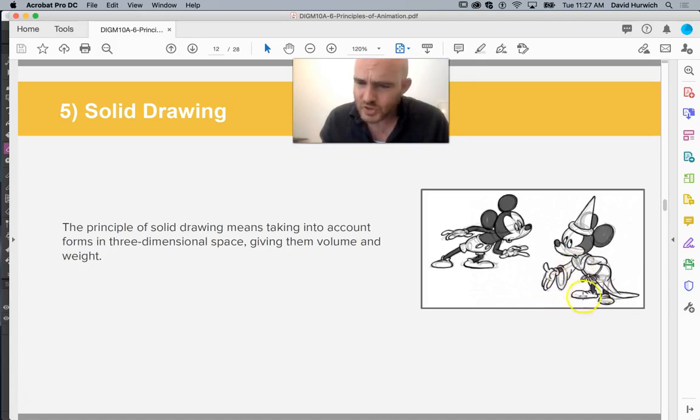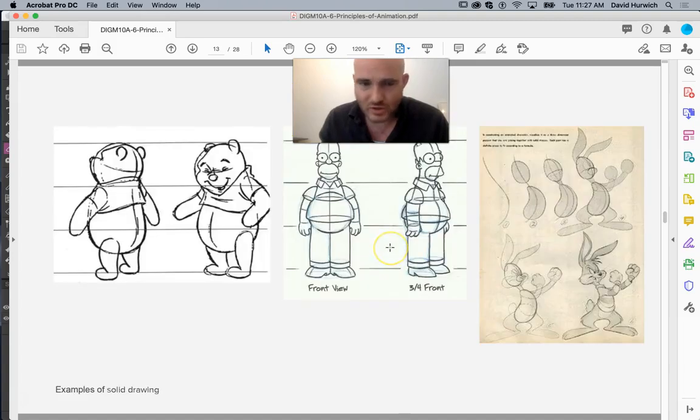The position of the feet feels more natural, in this pointed foot direction. So even though our characters are two-dimensional, meaning they're not done in a 3D program, they should still feel like they have depth. Unless you're really going for a very stylized look, like a South Park look, it shouldn't feel like they're flat pieces of paper glued together.